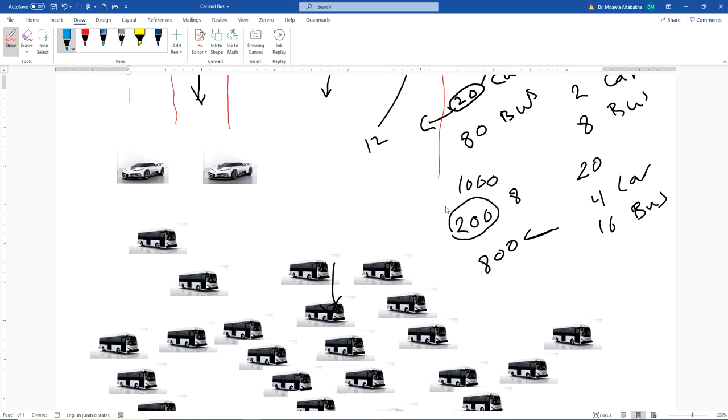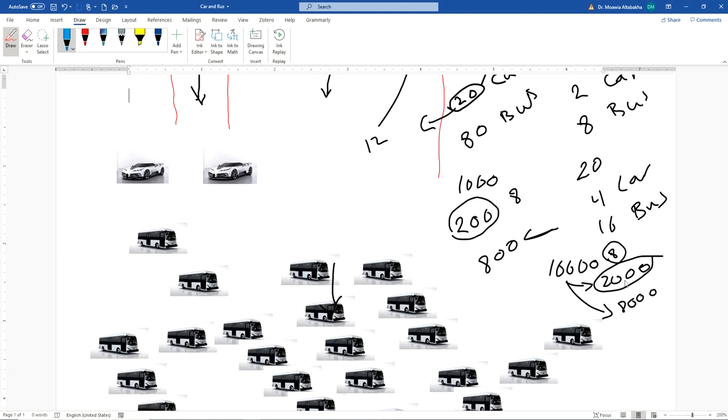Okay, if I increase it to 10,000, what will happen? Supposedly we have to have 2,000 with cars and 8,000 with the buses, right? But what is happening actually? Only 8 are getting removed by car. So pay attention: the cars will start to be negligible in the process of elimination.